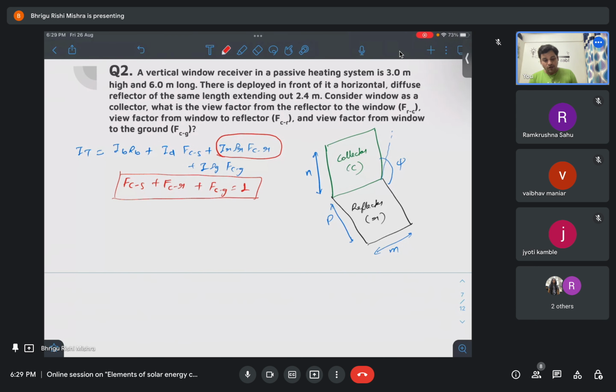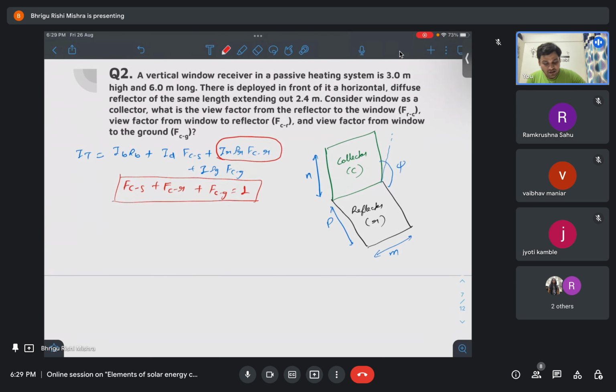Now the question is, a vertical window receiver in a passive heating system is 3 meter high and 6 meter long. So N equals 3 and M equals 6. And deployed in front of it is a horizontal diffuse reflector, which is this, of the same length, that means 6 meter, extending out 2.4 meter.